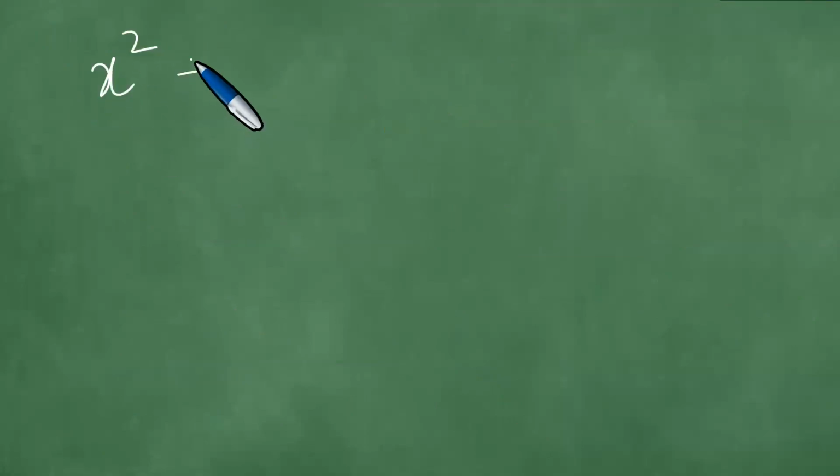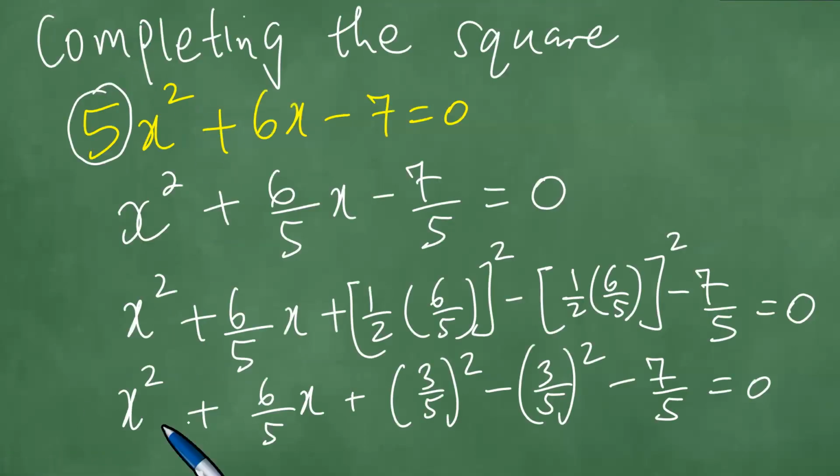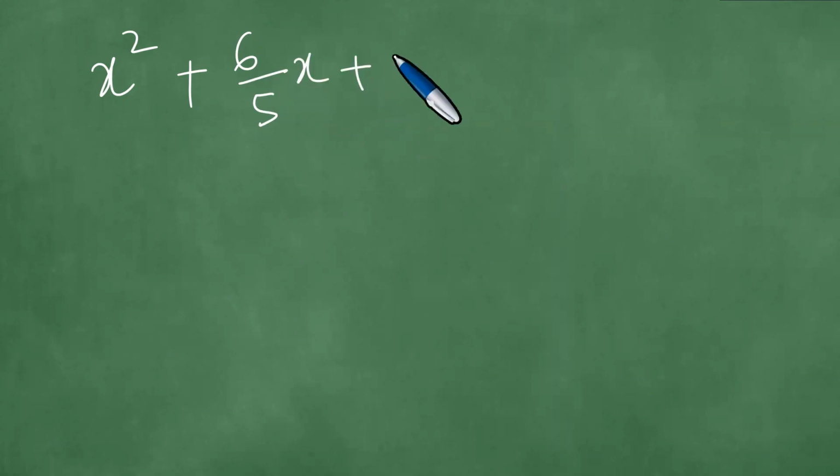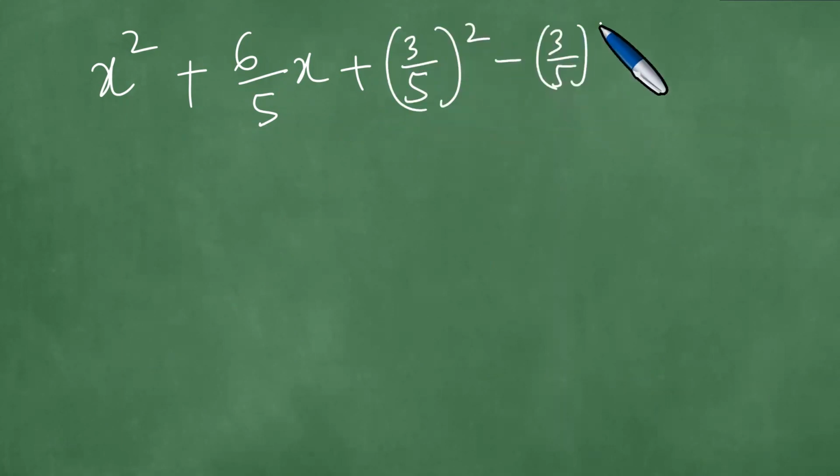Right, so which is x squared plus 6 out of 5 x, plus we've seen already 3 out of 5 here. You square these minus 3 out of 5. You square that minus 7 out of 5 equals 0.